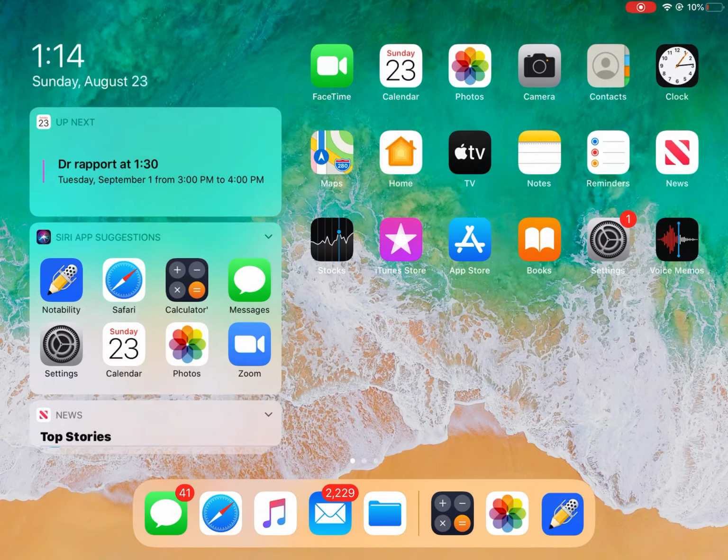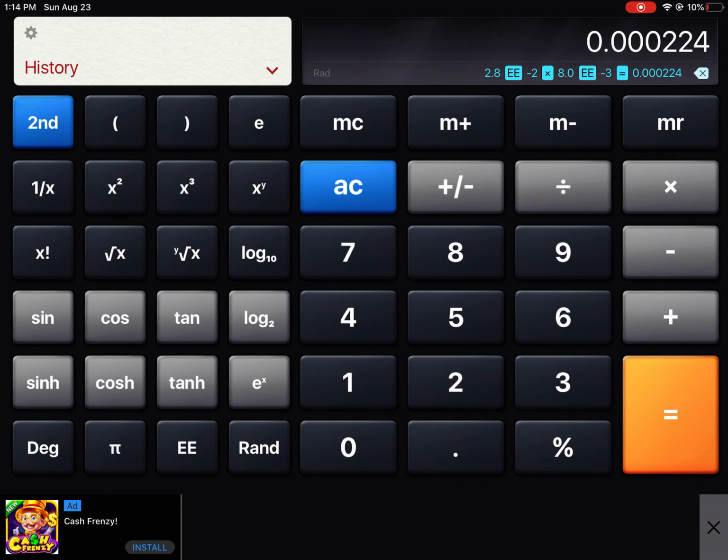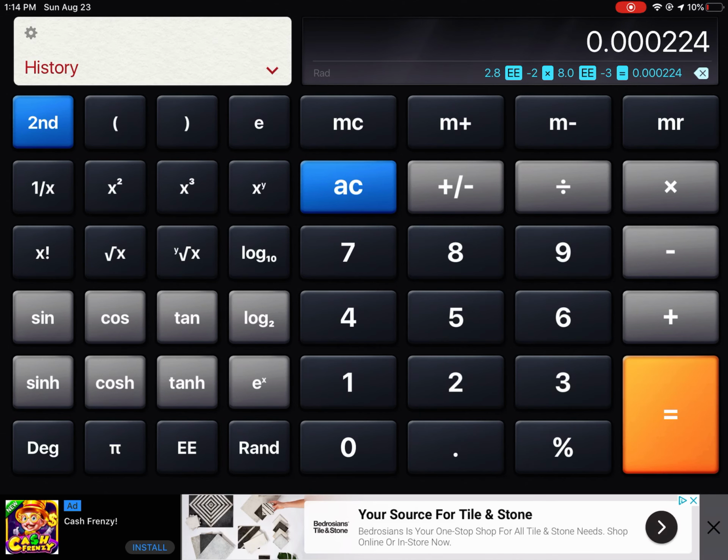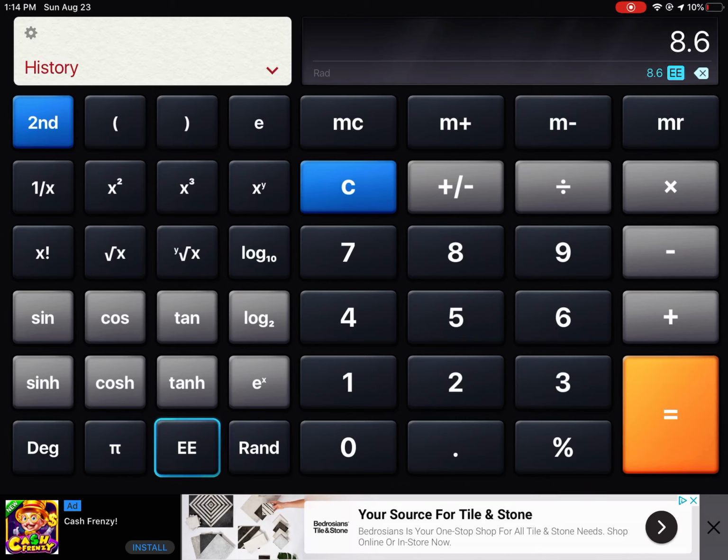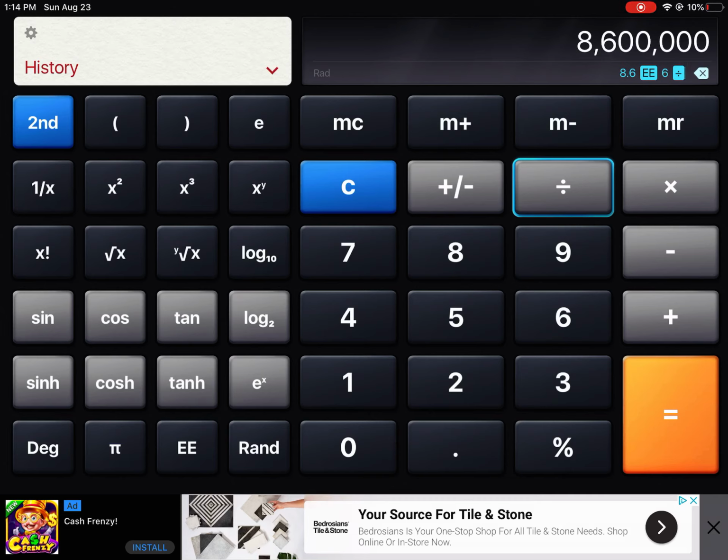Let me show you on the calculator, because it is super important. For denominators, they do need to be in parentheses. So we've got 8.6 raised to the 6th, divided by, now parentheses on your denominator, because otherwise it's not going to take into account your exponent.